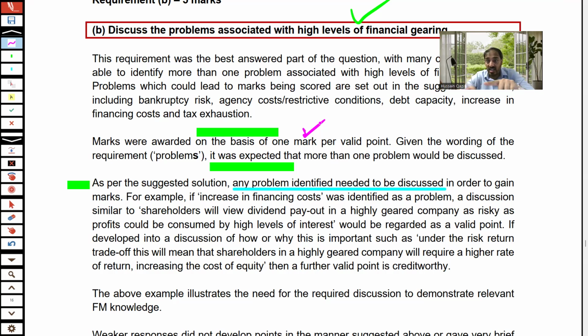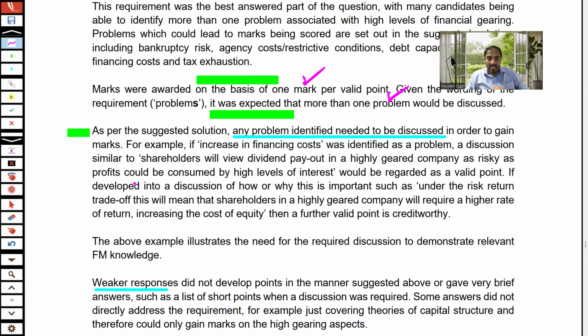Given the wording of the requirement, problems, the verb here, problems, it was expected that more than one problem would be discussed. 3 to 4 problems. First thing is that you have to show the problems, and more than one problem. As per the suggested solution, any problem identified needed to be discussed in order to gain full marks.